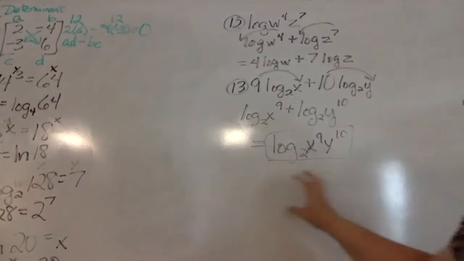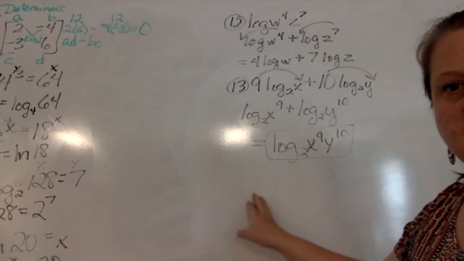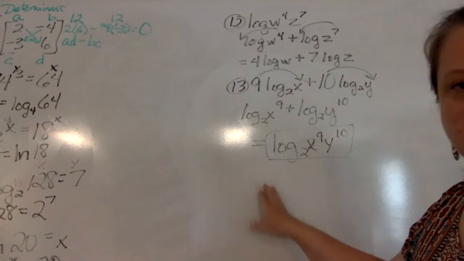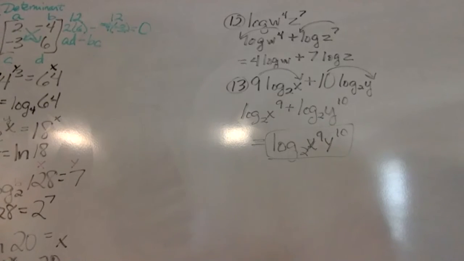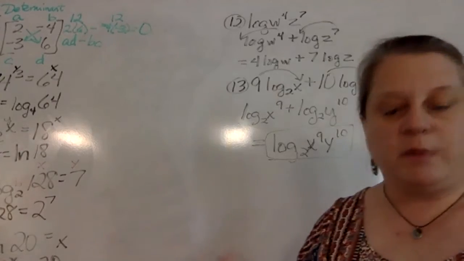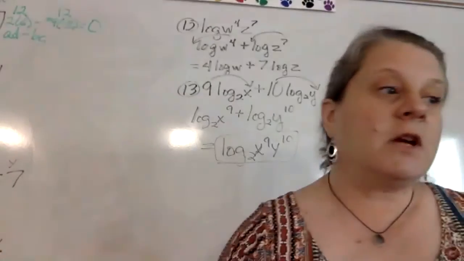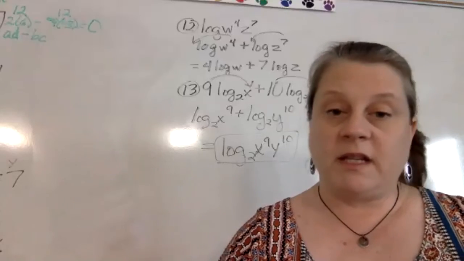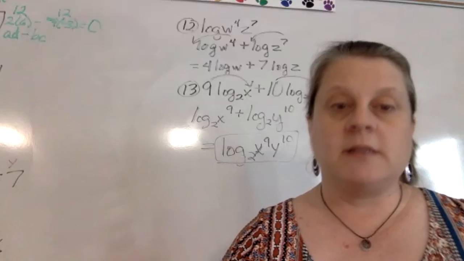Remember the ASTC, does that sound familiar? ASTC? All of them were positive, just sine was positive, just tangent was positive, just cosine was positive. So we're going to talk about a couple of questions with that, not many because there's not a lot of that on the test.